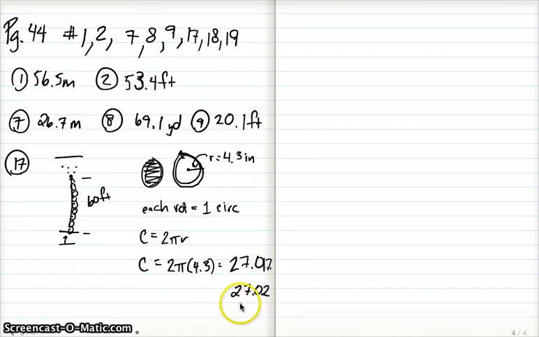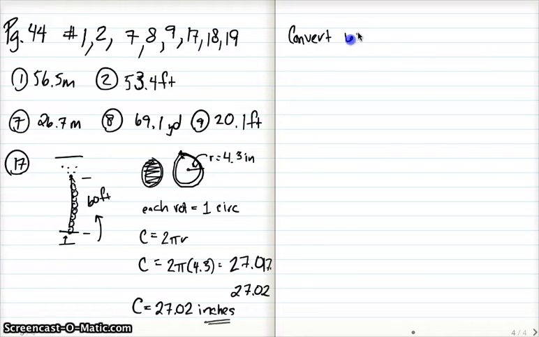Well, I know that the circumference is equal to about 27.02 inches. We need to focus on that. And I know that the distance this ball has to travel is 60 feet. So first things first, it would be much easier if I was talking apples to apples. So I might convert 60 feet into inches.